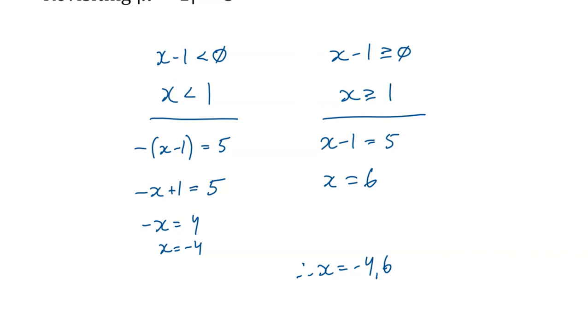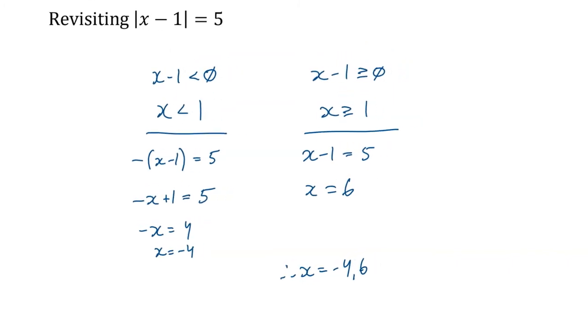Is -4 less than 1? Yep. Is 6 greater than or equal to 1? Yep. Think about what this means. If I take -4 and I sub it back in, -4 minus 1 is -5. What's the absolute value of -5? 5. So they're equal. And I had to multiply by -1 to get it to turn into a positive 5, didn't I?